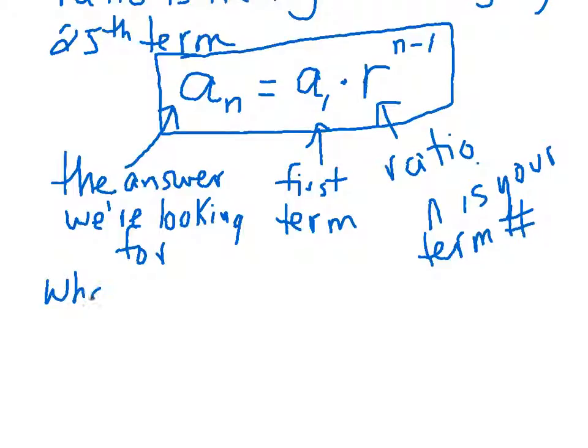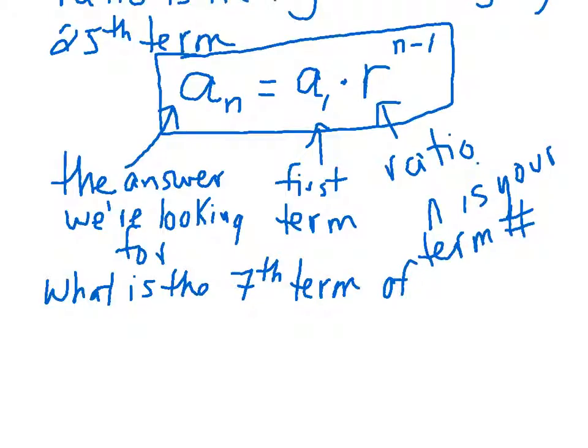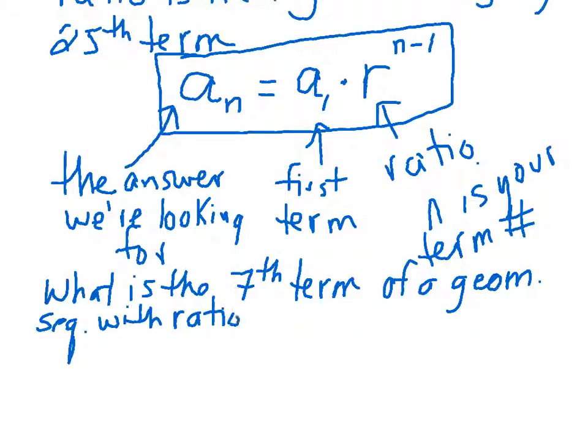Here is, what is the 7th term of a geometric sequence? I'm going to abbreviate that. What is the 7th term of a geometric sequence with a ratio of 2/3? That's kind of a gross ratio.